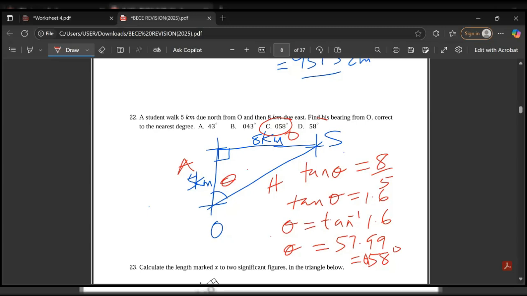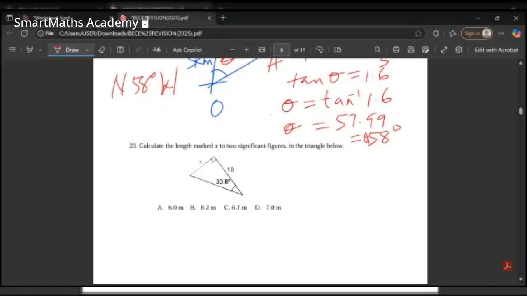We are going to pick 058, because we have two types of bearing: compass bearing and 3-digit bearing. A compass bearing is when you have, let's say, north 58 degrees west. Once it is not like this, anything you write as bearing will be 3 digits. So that's why we have to pick that. Move to the next question.